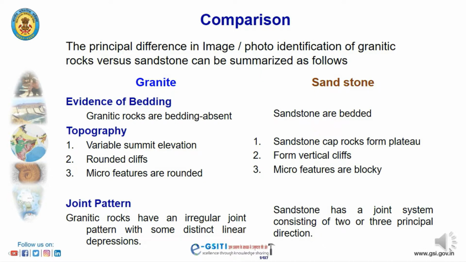Granitic rocks form rounded cliffs, whereas in sandstone terrain we can identify vertical cliffs. Micro features are rounded in granites, whereas blocky in sandstone. Joint pattern: granitic rocks have an irregular joint pattern with some distinct linear depressions, whereas sandstone has a joint system consisting of two or three principal directions.